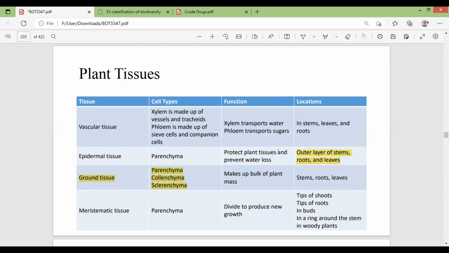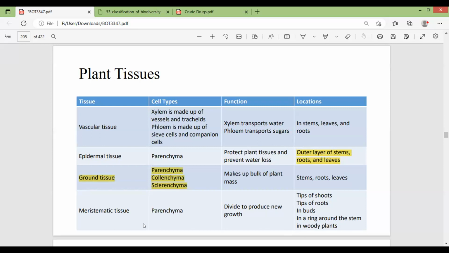Finally, we have the meristematic tissue. Remember what we said about meristematic tissue? It has the ability to grow, right? We already said it's under the parenchyma, and it will be on the tip of the shoot, tip of the root, wherever you are likely to find growth, right? In a bud, in a ring around the stem, in woody plants.